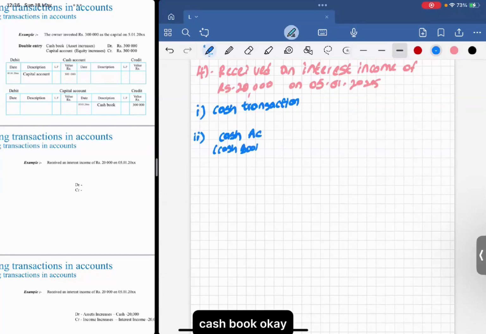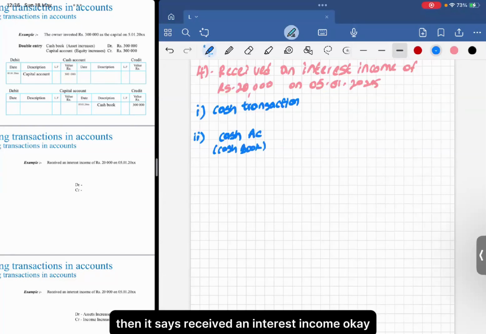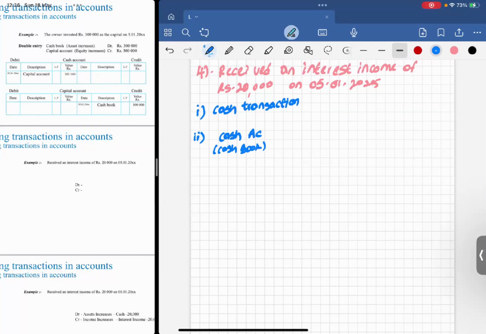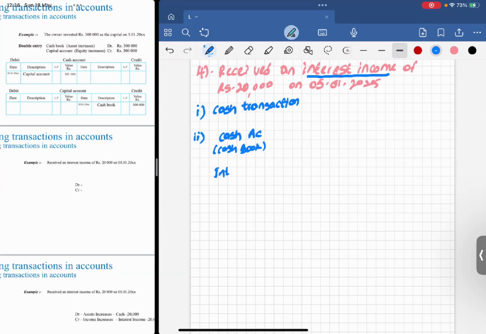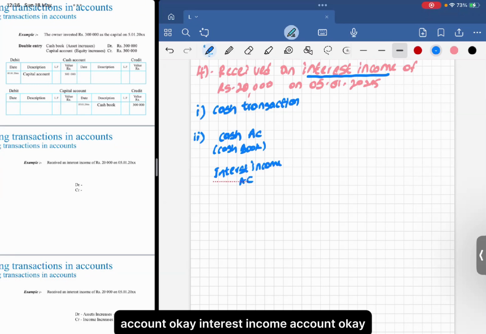Then it says received an interest income. So the next type of account is the interest income account. Now let's see the cash account.